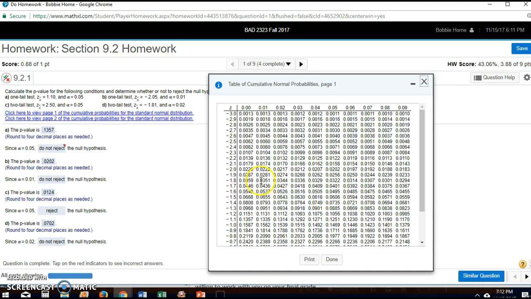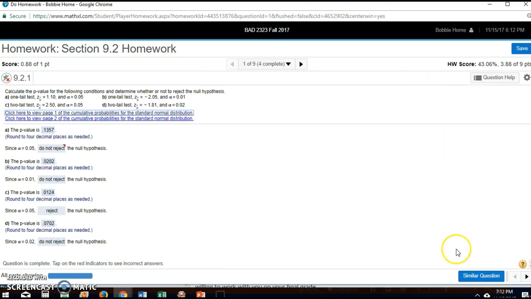So the area of the tail on the right side would also be 0.0351. So if you add that up twice, or times it by 2, you get 0.0702. And that is greater than 0.02 alpha, so I do not reject the null.